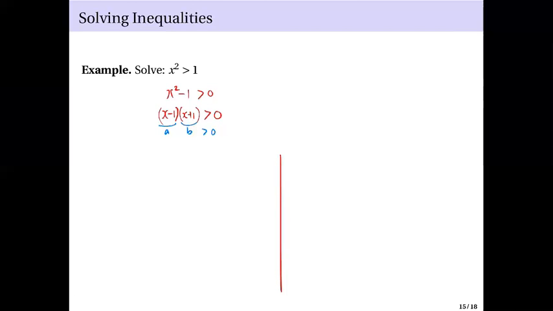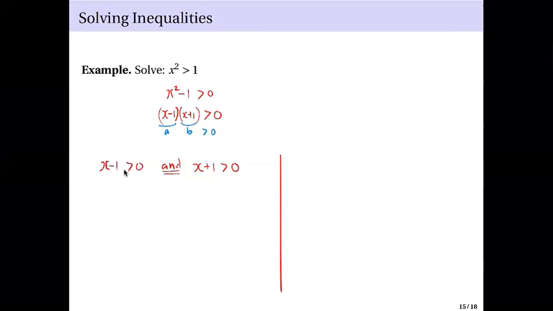The first part, let's say both A and B are positive. So we have x minus 1 greater than 0. Take note, we want these two inequalities satisfied, so and x plus 1 greater than 0.